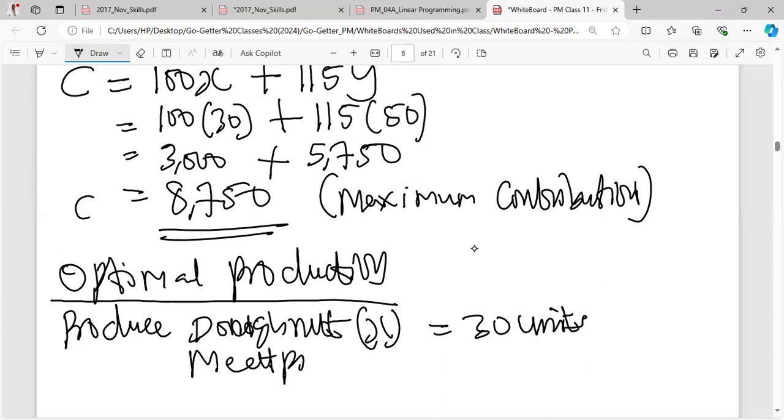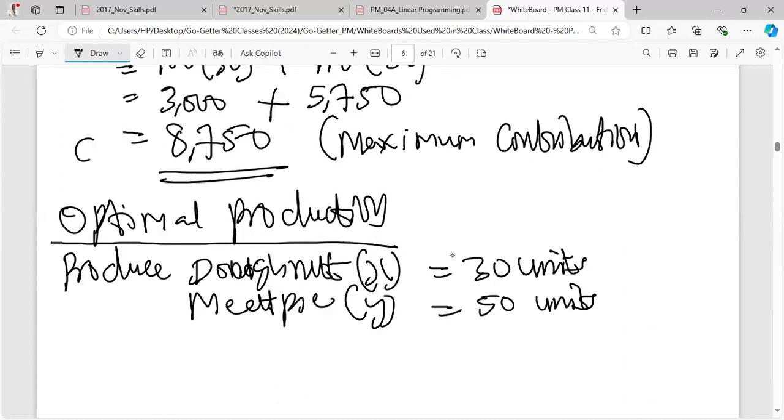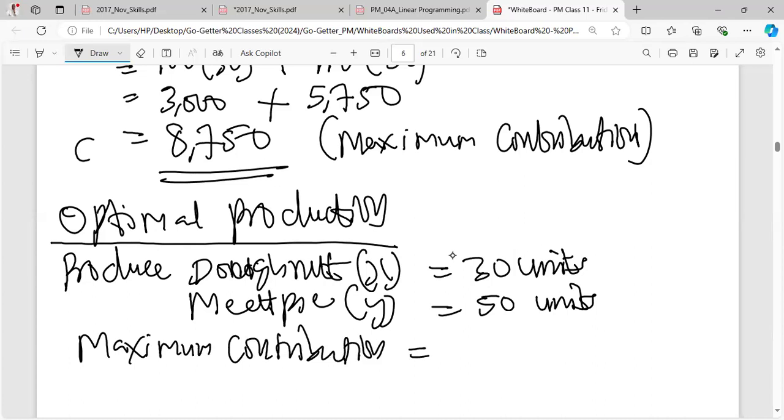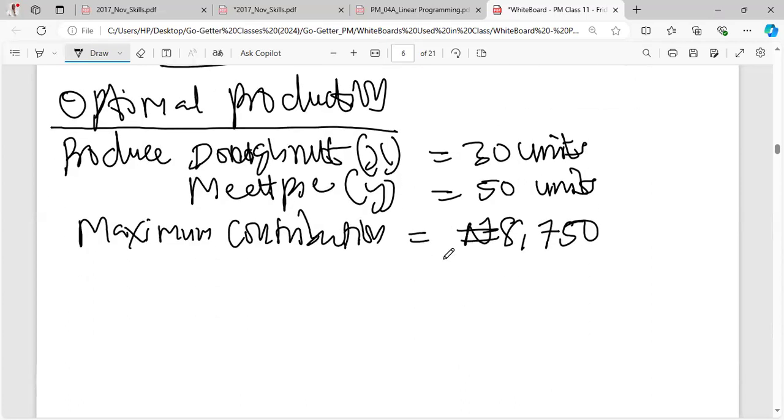Meat pie, which is Y, 50 units. Then maximum contribution is 8,750, right?